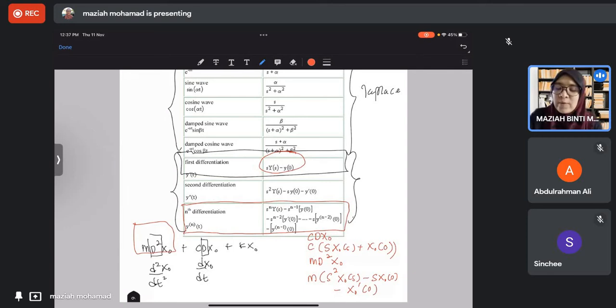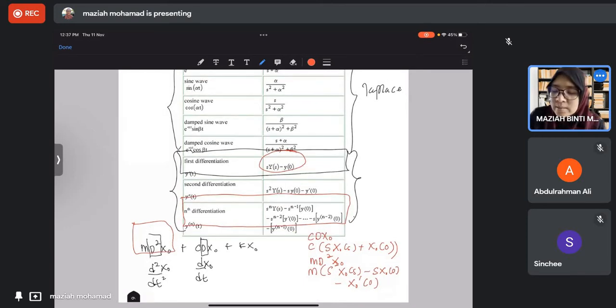If you have y third derivative of t, meaning the order is 3, you follow this. So it becomes s cubed Y(s) minus s square y(0) minus s y prime(0).